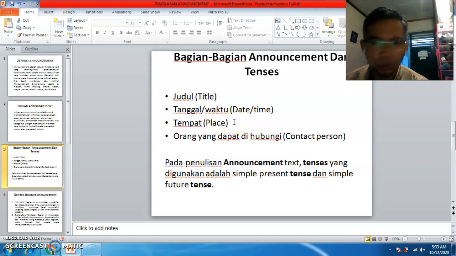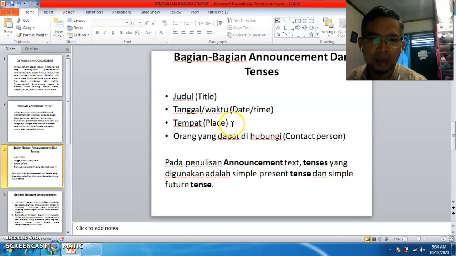Then, where the reader or the participant who wants to join the announcement should gather. So the other part of the announcement is the place. There is specific information of the place that can be got by the reader to go to a place.